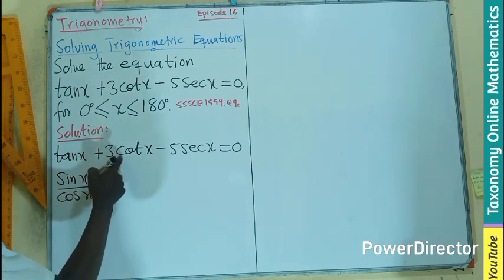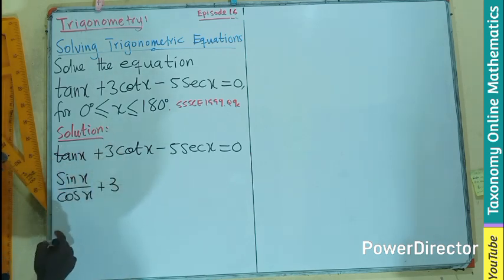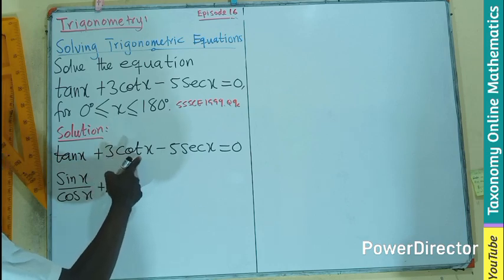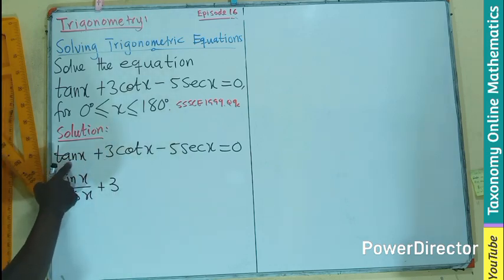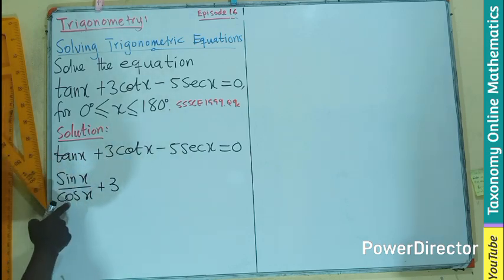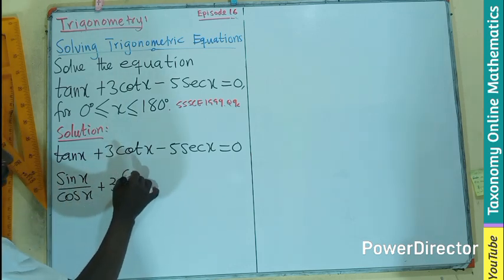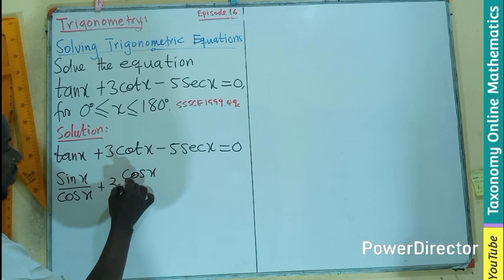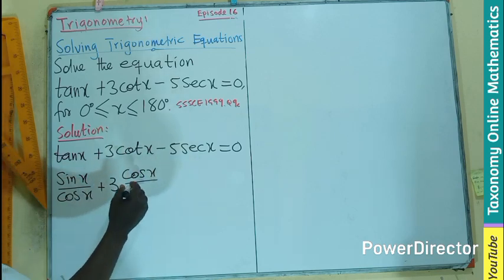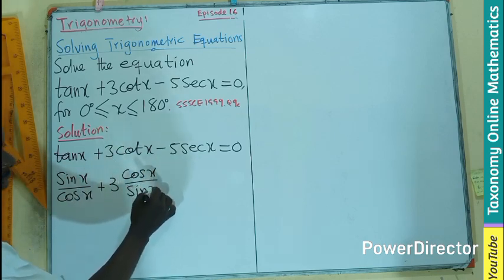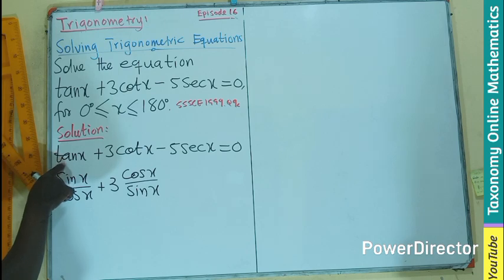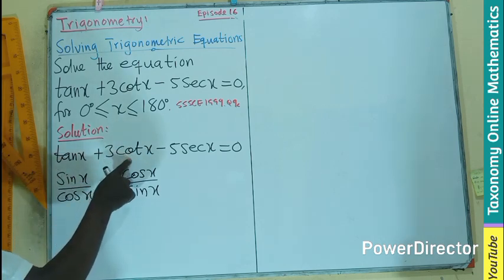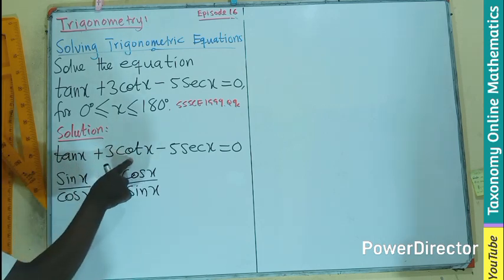This is also 3, so let's maintain the 3 here. This cot is the opposite of this, so that becomes the cos over the sine, sorry. Remember, 1 over tan gives us cot.